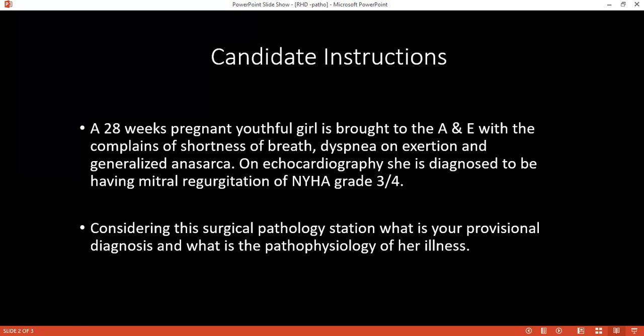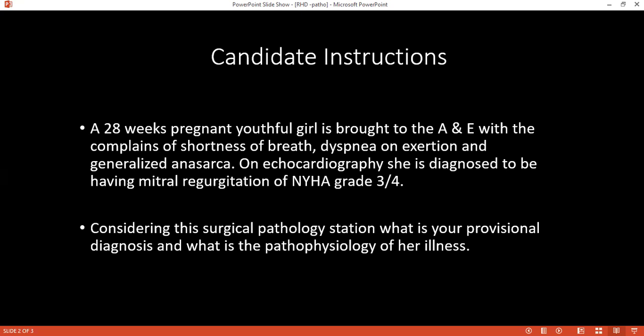How would you then manage the patient? Give the patient antibiotics according to hospital trust guidelines, check the valve and how severe the stenosis is, and if severe stenosis, then go for valve replacement. If it's just rheumatic fever or rheumatic heart disease, we can treat it with good antibiotics.